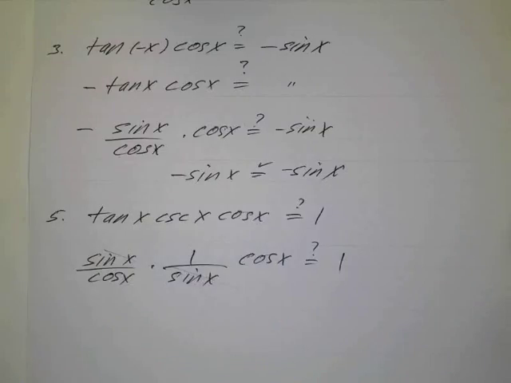These sines cancel, and these cosines cancel. So what do you have? 1. So I'll just say 1 equals 1. Check. That's pretty nice. That's no problem. Okay, and number 7. Take a look at number 7.